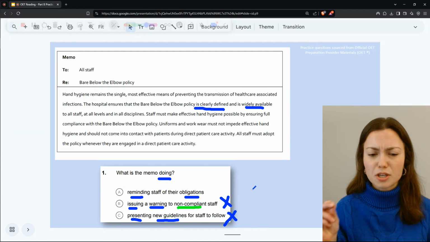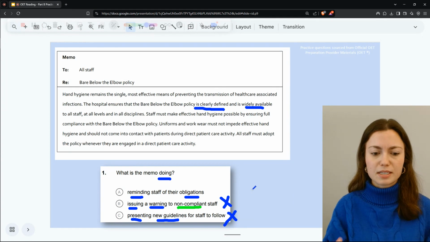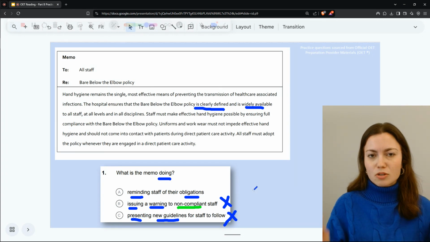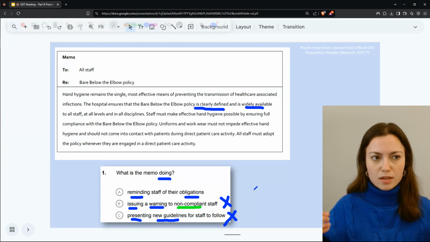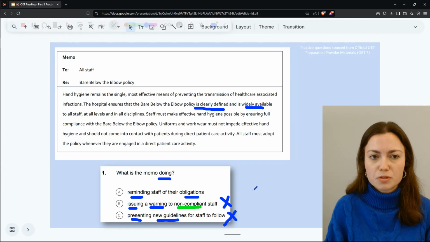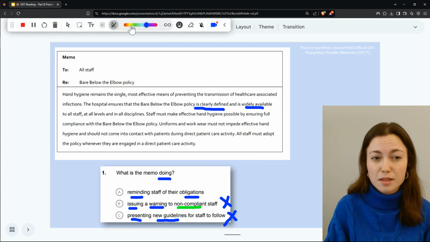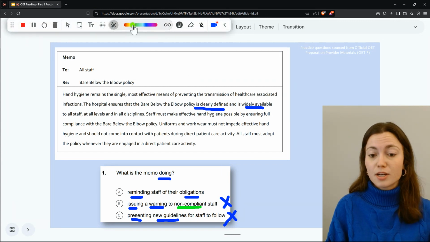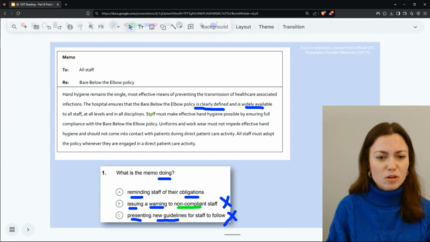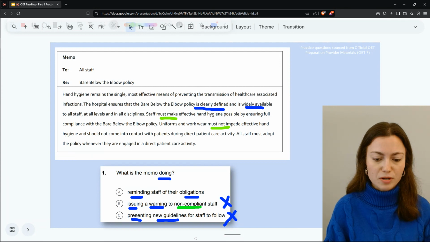But that's not enough. We should confirm as well that there is evidence here to support A, reminding staff of their obligations. So let me ask you a language question. If you're going to tell me obligations, what sort of language would you use? Well, hopefully you'd be using things like modals, right? You must do this. It's important to do this. You should do this. And if you look at this, they must make effective hand hygiene possible. It must not impede effective hand hygiene and so forth.